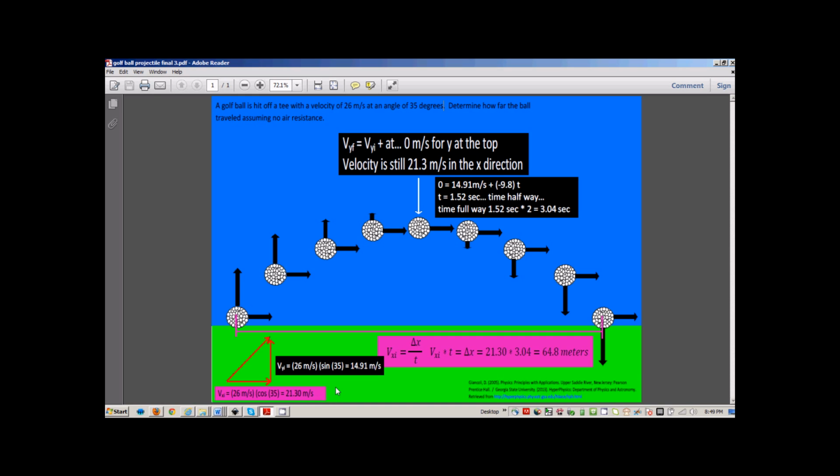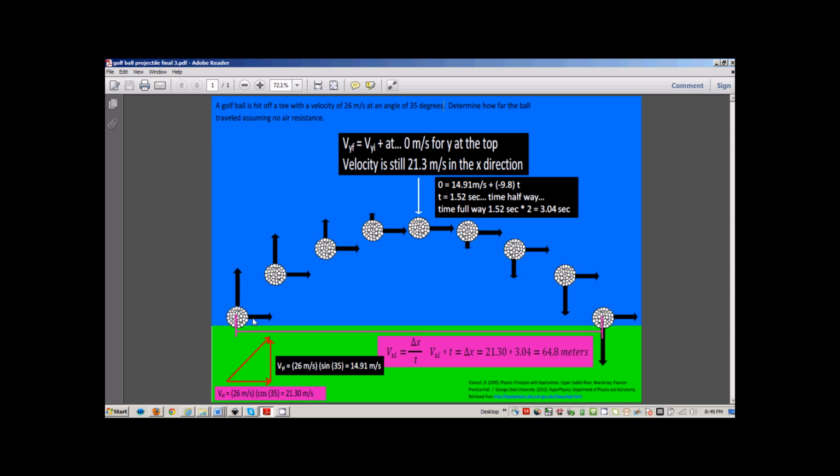And then for the y direction, we have to multiply by the sine of 35 because it's the opposite side of the right triangle, with the hypotenuse representing the full velocity. The x velocity will stay the same the whole time, the 21.3 meters per second, and this is going to be illustrated by the purple background. And then the y problem that we're looking at is going to have the black background.